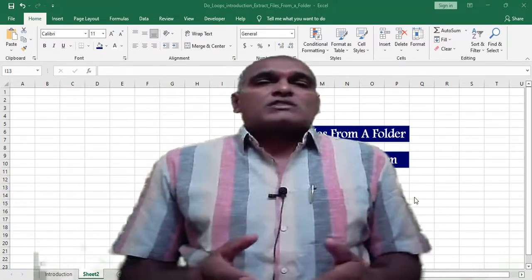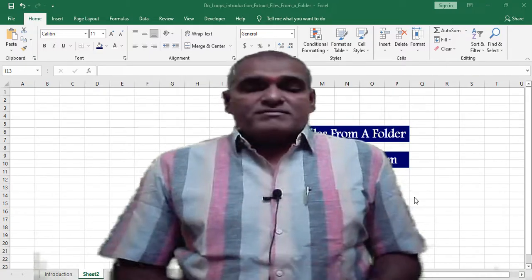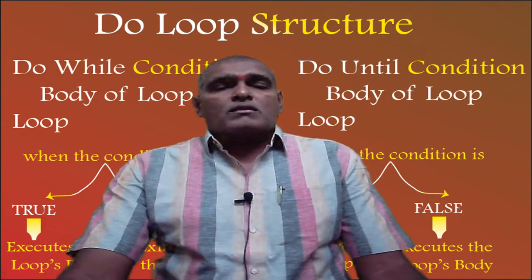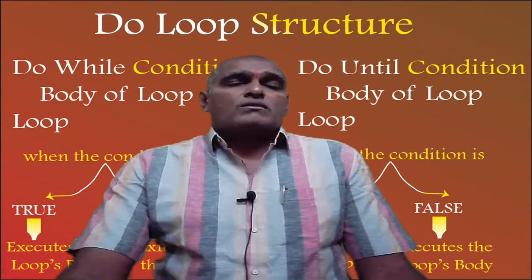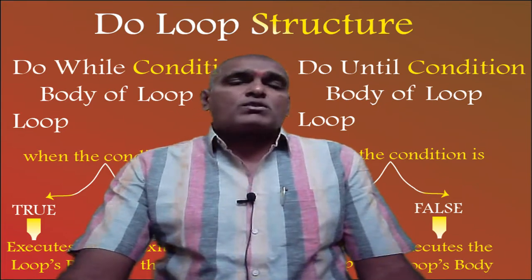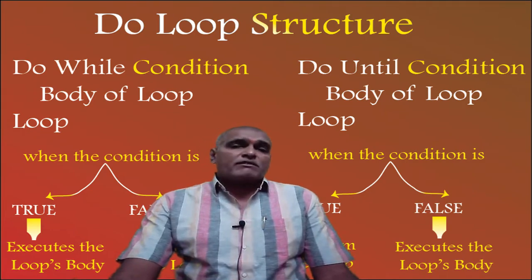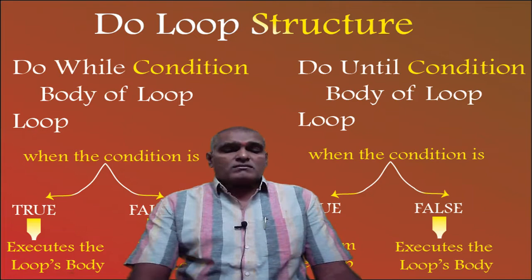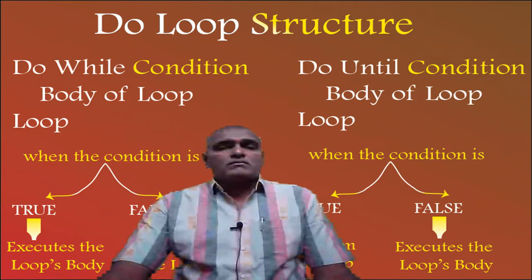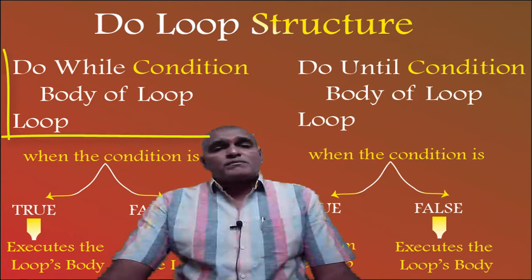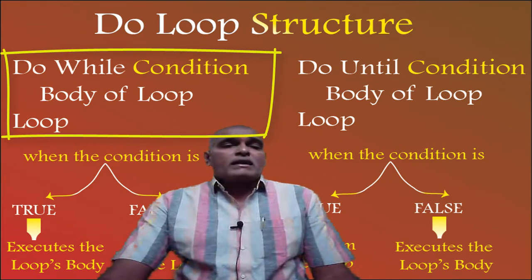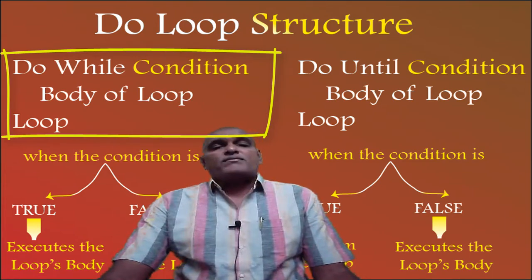Let me explain the structure of the do loop. Here we can find the classification of the do loop. The first one is do while and the second one is do until. This loop starts with do while and ends with loop.